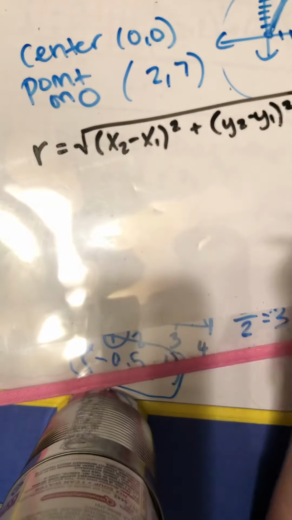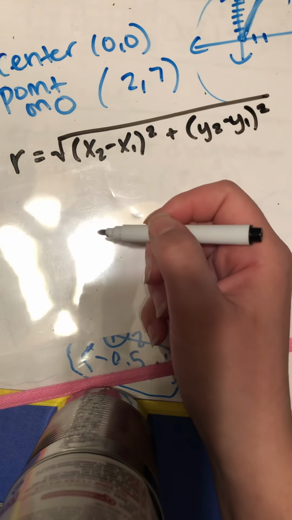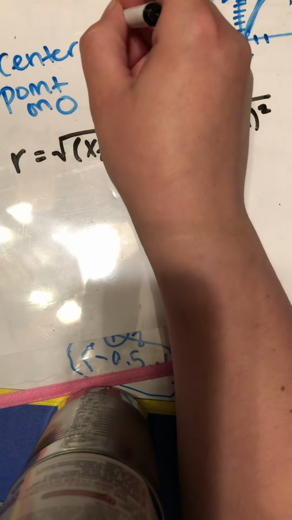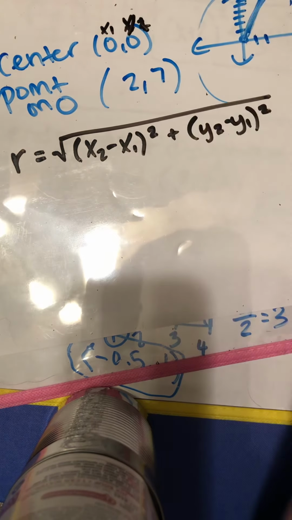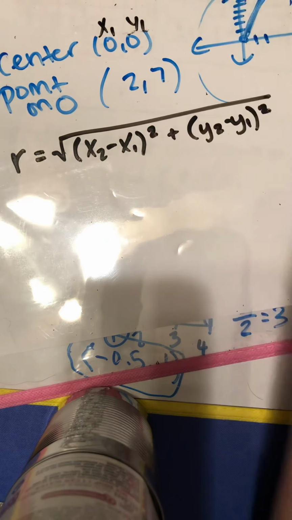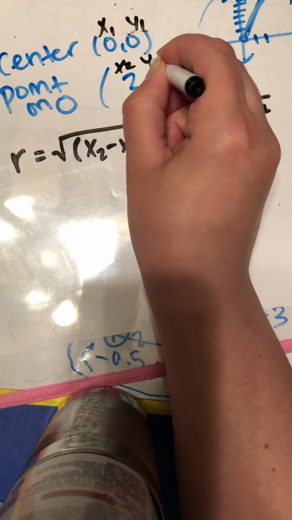Let's identify what we want to be. It doesn't really matter which we use for which, so for the center we have x1, y1, because they're a pair. And we have x2, y2.